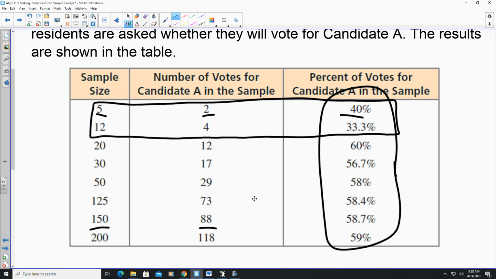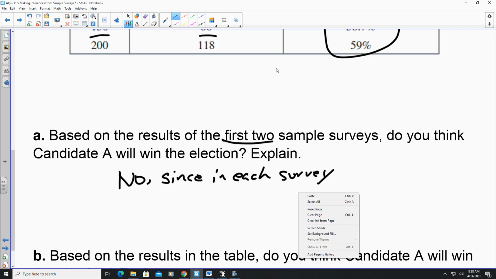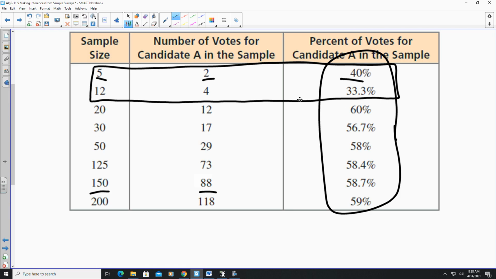Looking at those 2 surveys alone, the answer would be no, and our explanation for that is that both sample percentages are less than 50%. You need more than 50% to win an election.